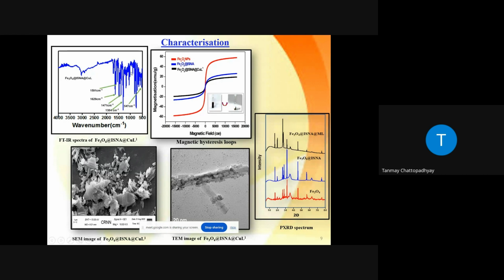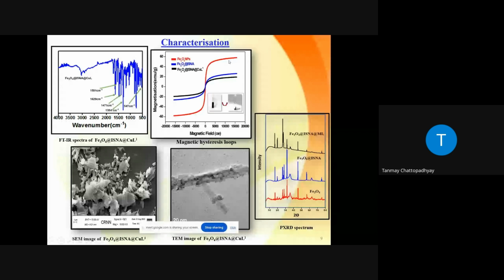From the IR spectra, the band at 547 centimeter inverse is due to the iron-oxygen bond, and the band at 1519 is due to the C=N present in the pyridine ring of the isonicotinic acid. And this 1629 centimeter inverse is the imine of the complex. So we can see these are formed.